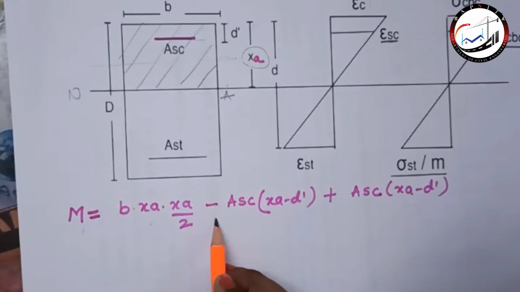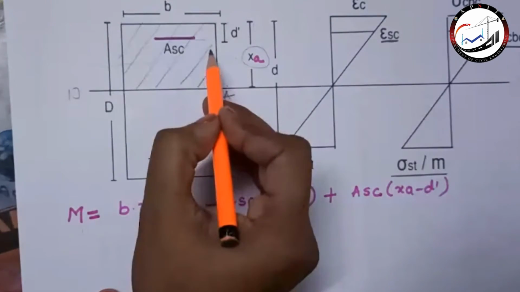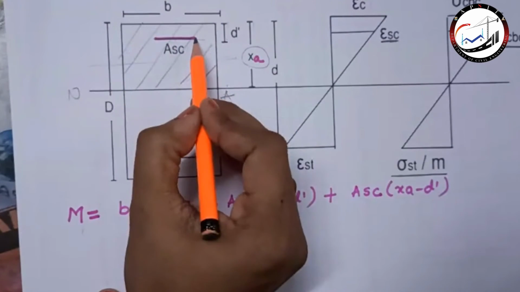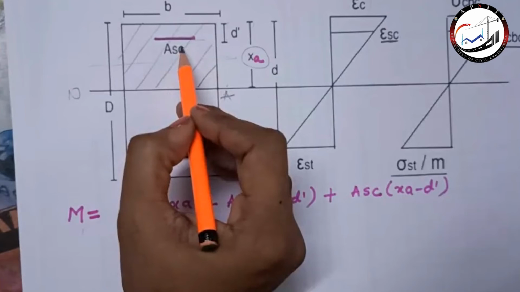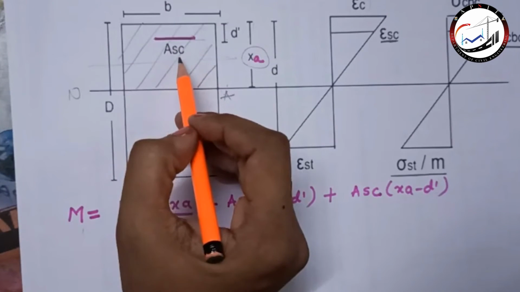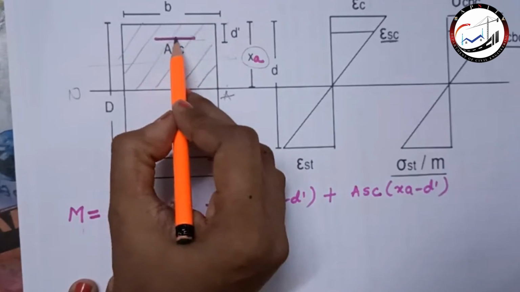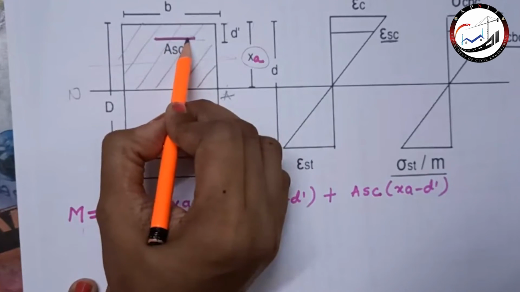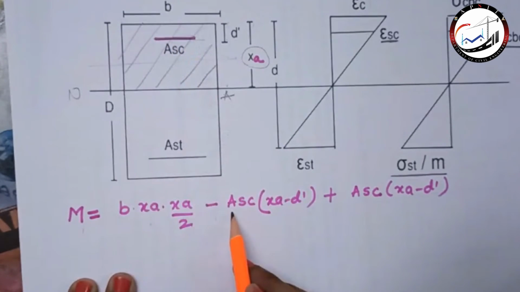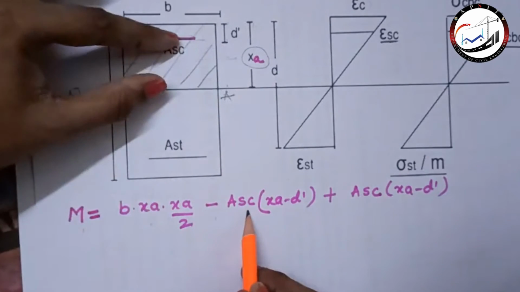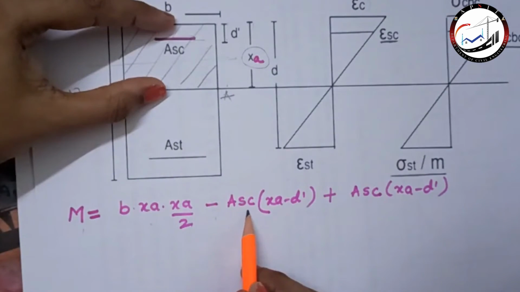Minus, now you are able to see. Yes, ma'am. Okay. Minus, now I am taking the area of the concrete, but now this particular part has come. So I am unable to take the equivalent area of the concrete. So what I will do, I will subtract this area of the steel, but I am taking moment. So what I am going to write is area of the steel, and what is the distance? It is XA minus D dash.